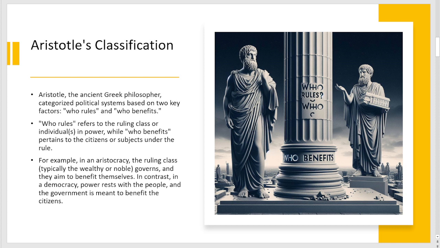In contrast, in a democracy, power rests with the people, and the government is meant to benefit the citizens. So the government has the power. The government now falls into this idea of rulership. The government rules, and the people benefit.